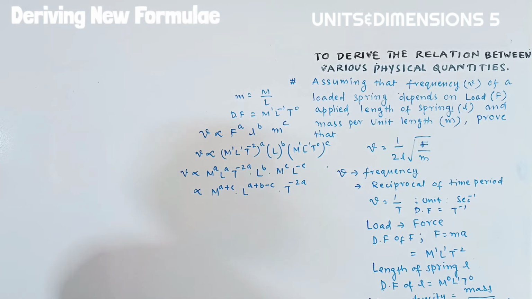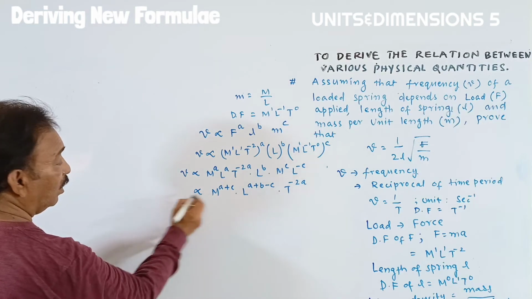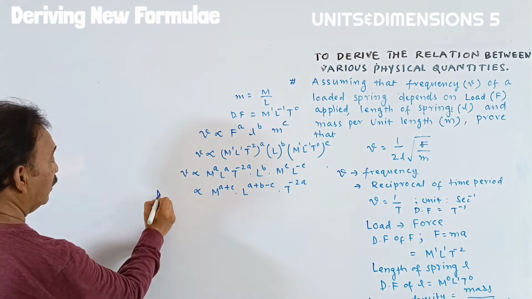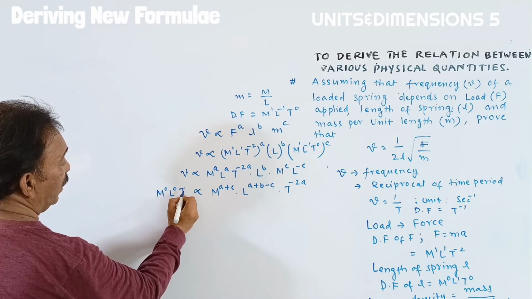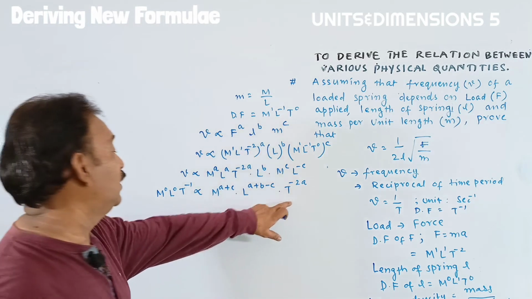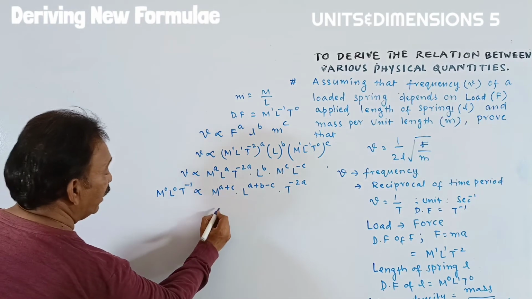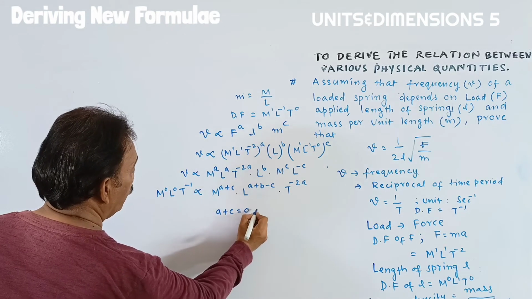Okay, students. But frequency here is T to the power of minus 1. That means you can write M to the power of 0, L to the power of 0, T inverse. Then after we have to compare the powers of these physical quantities. From this we can write a plus c is equal to 0.